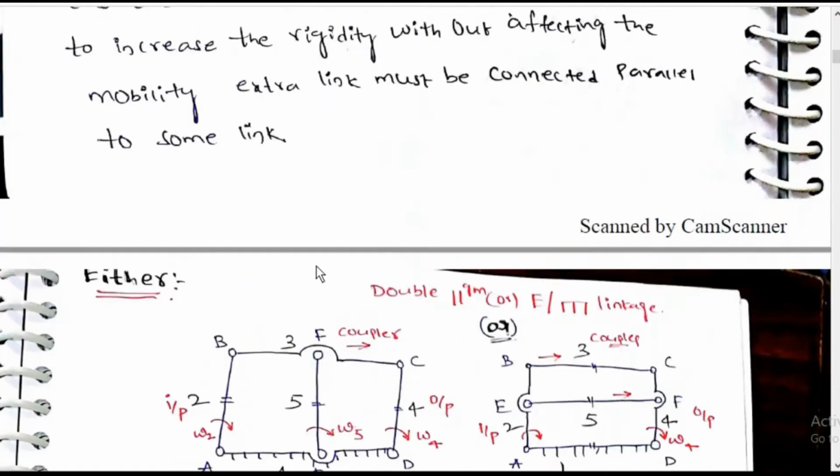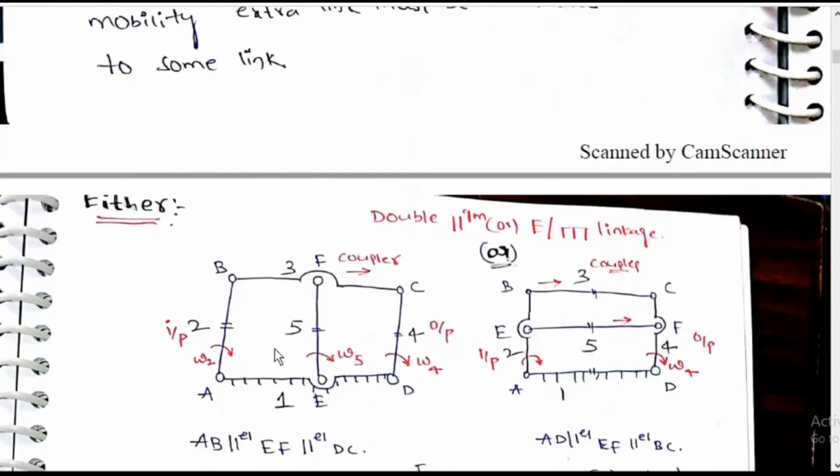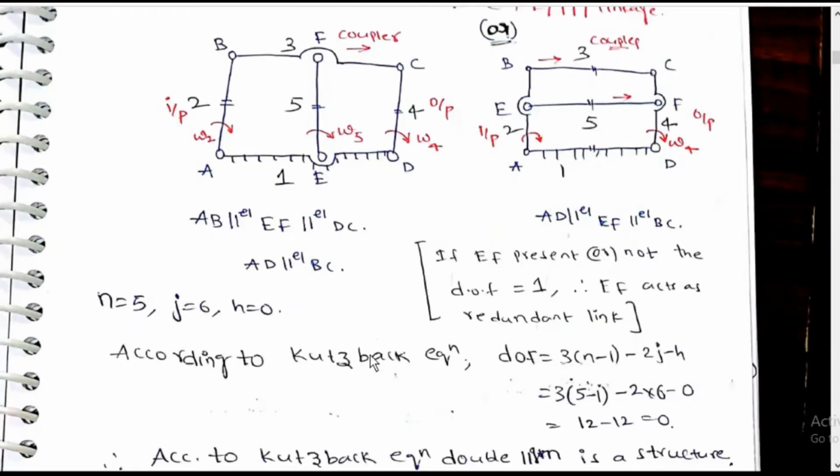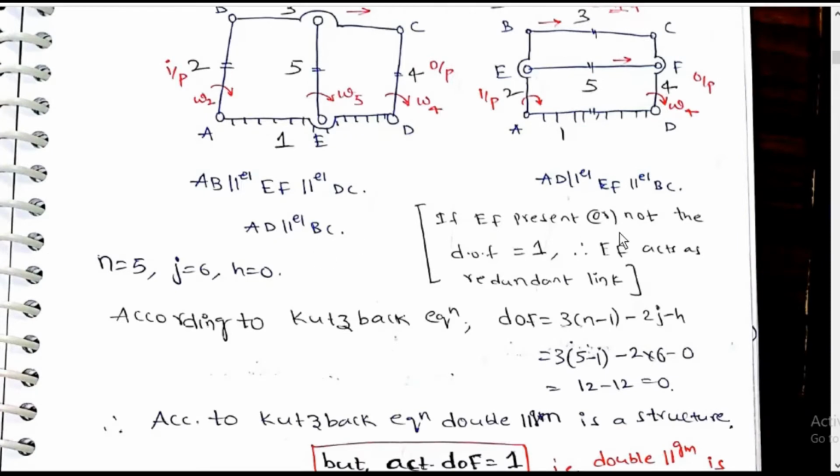So some link has to be connected in between, either a coupler EF, with AB parallel to EF parallel to DC, in which EF link gives a double parallelogram linkage, or this linkage represented in this way or in this way. EF coupler, EF parallel to AD parallel to BC. If EF is present or not, degrees of freedom is equal to 1. EF acts as a redundant link.